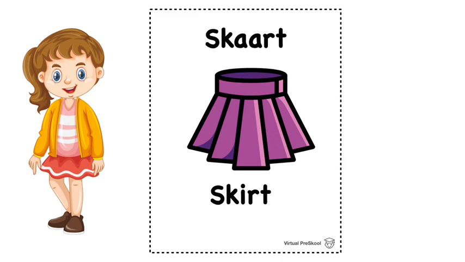Who generally wears skirts? Boys or girls? Well, most of the time we see girls wearing skirts. So a good guess is that this is a stri word. But I'll be honest, not all of the words follow this pattern. So the best we can do is learn one by one and practice them so that they commit to your memory.